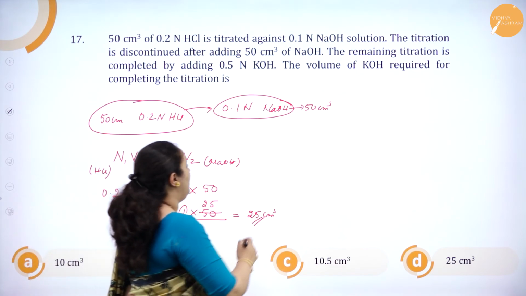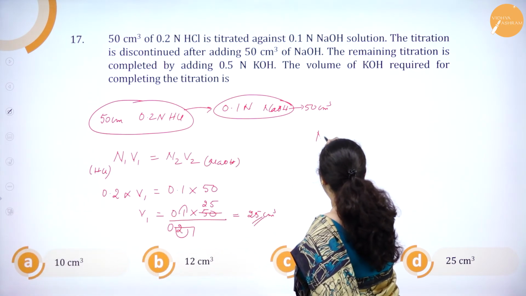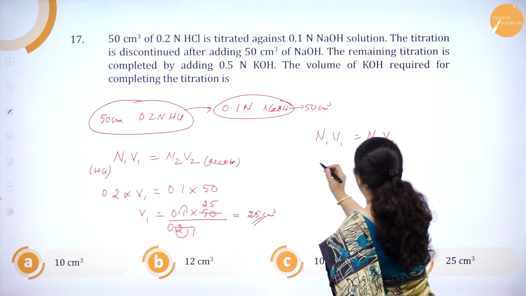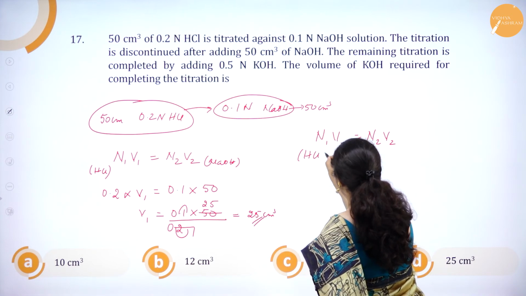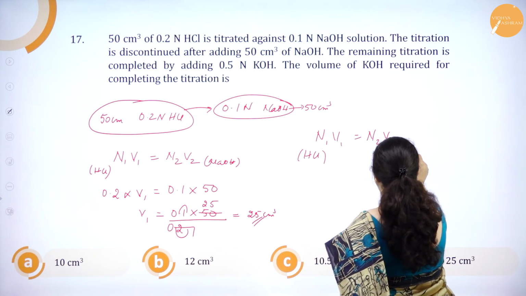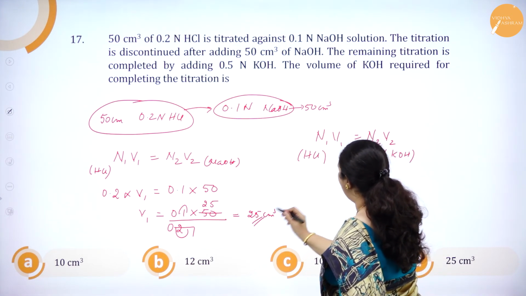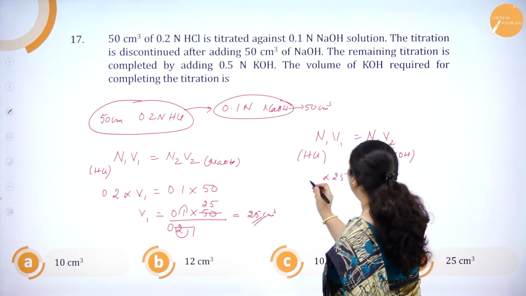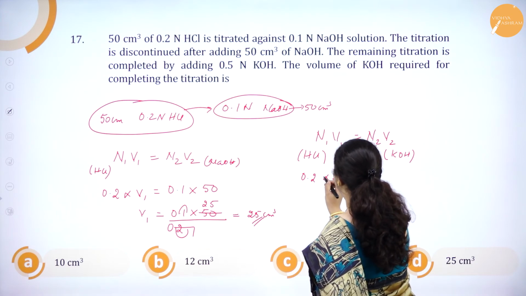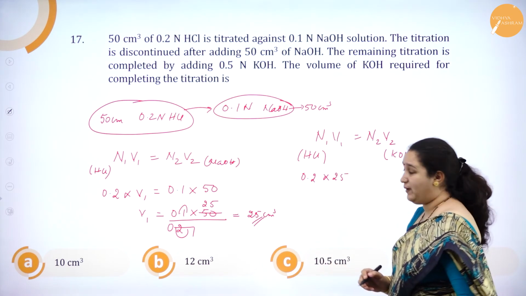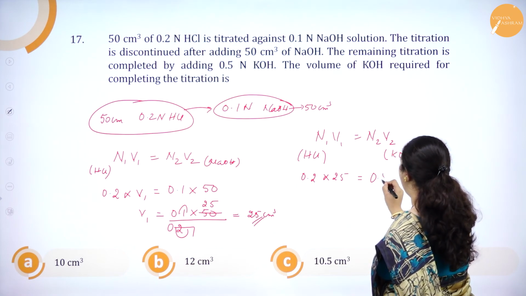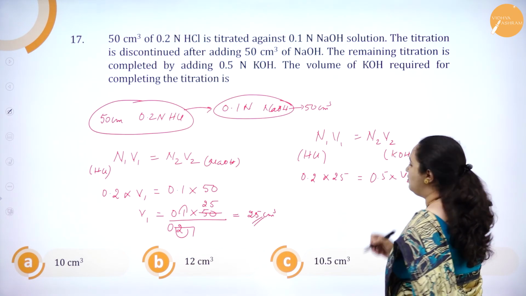Now I will use again N1V1 is equal to N2V2. This is for HCl and this I will use for KOH. So HCl, how much is the remaining volume? 25, which is not yet reacted, and the normality of this is 0.2. So 0.2 into 25 is equal to the normality of KOH, 0.5, into the volume I need to find out.